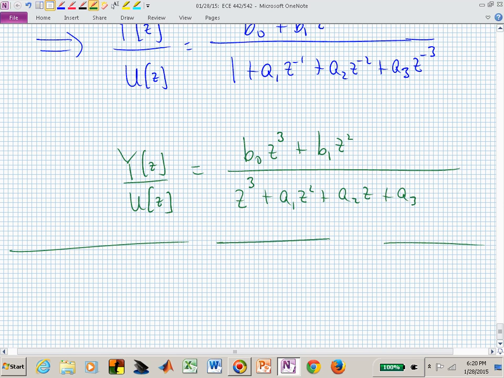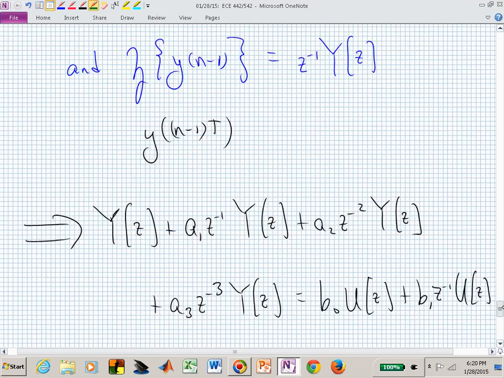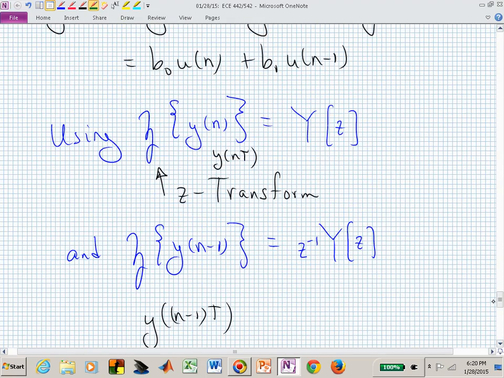Now, we said that we had a script z, the z transform. Let's actually define that now.